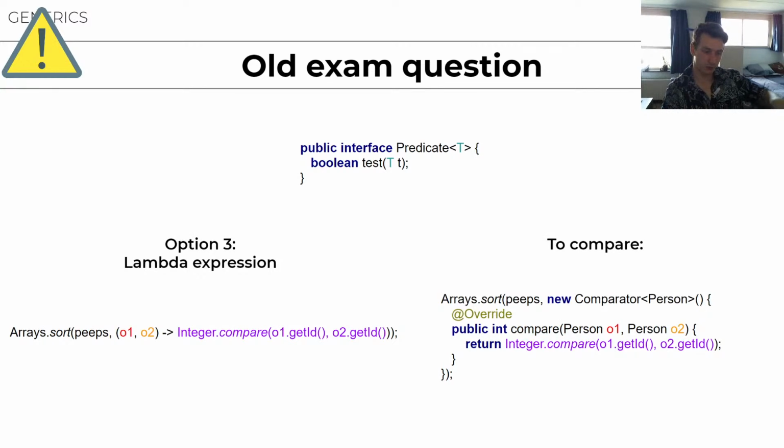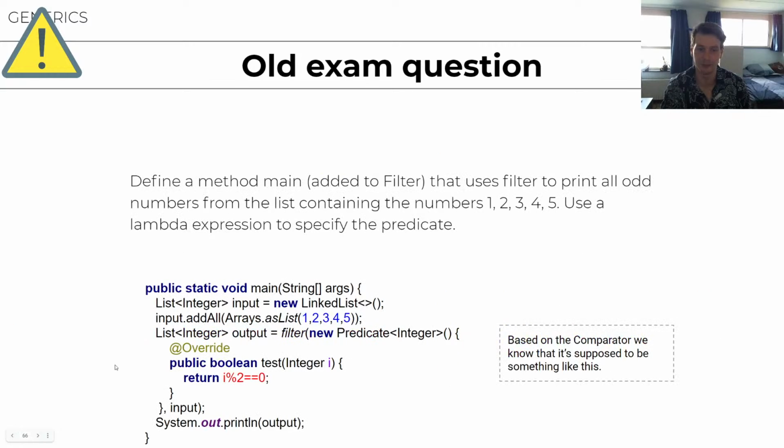Now let's look back at how we did the Comparator. The Comparator also has one function, compare, except that this one returns an integer, not a Boolean, and it has 2 input arguments. But the structure is exactly the same.